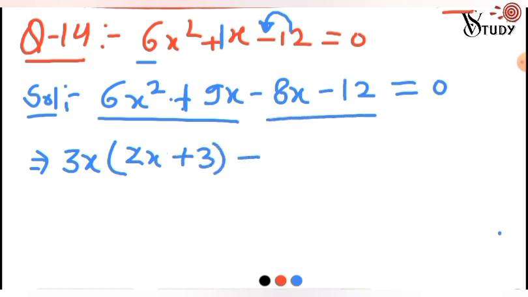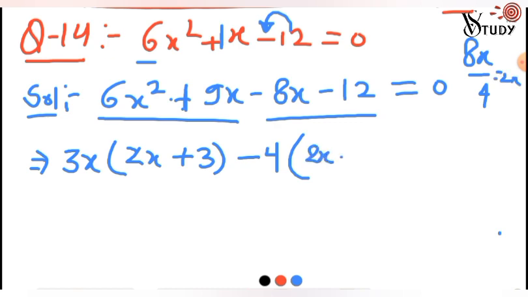Now from the last two terms, we can see negative sign is common in both the terms and 4 is also the common multiple of both the terms. Now when 8x is divided by 4, then we have 2x as our answer.